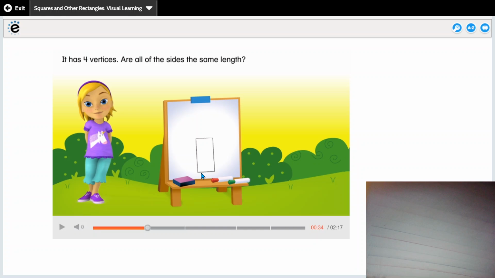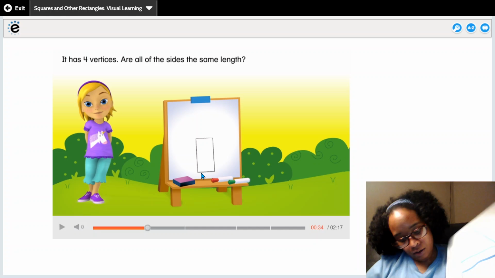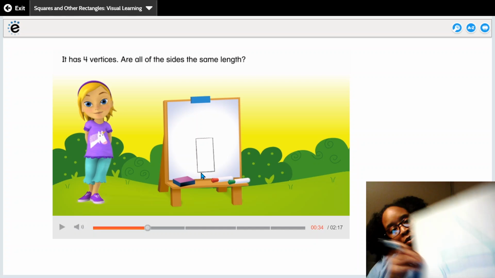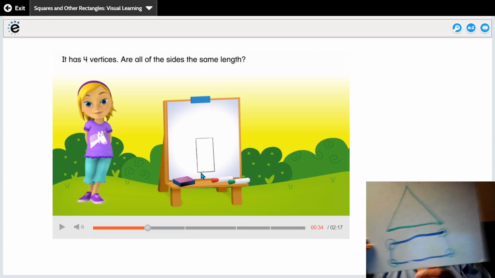If a rectangle has 4, I'm going to illustrate a rectangle, and I'm going to circle the vertices on my rectangle. 1, 2, 3, 4. So if a rectangle has 4 vertices or 4 corners, how many do you think this triangle has?